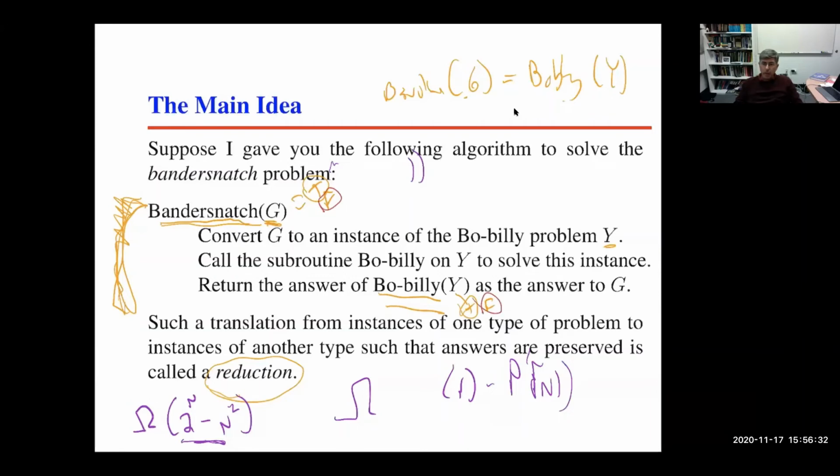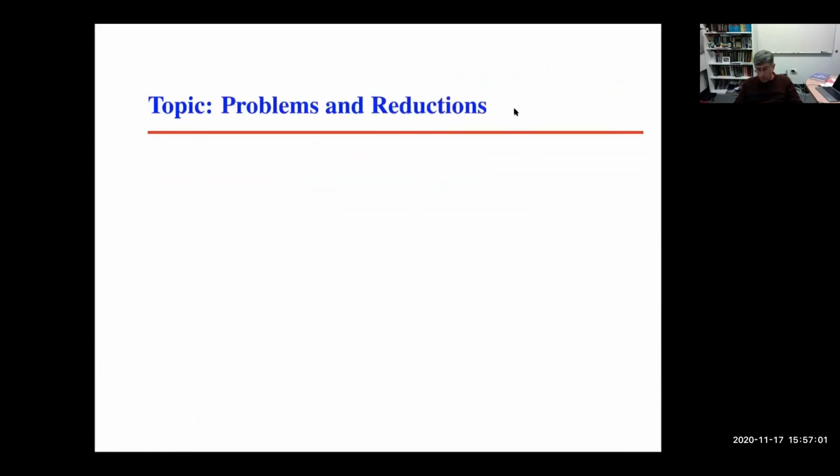So the decision problem translation, which should still seem a little bit magical, just has to preserve the answer of true and false. That sounds like an easier job than translating all possible inputs to all possible other inputs. Any questions about it? That's why I'm going to care about decision problems. Any questions?